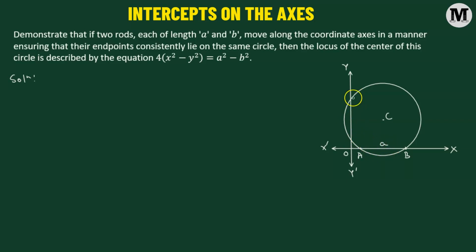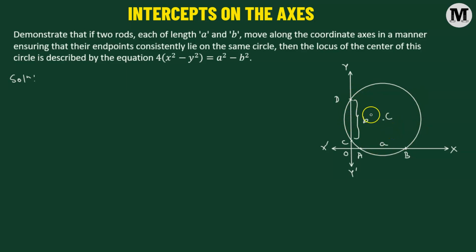Then the circle also intersects the y-axis at 2 points. Let's say it intersects the y-axis at 2 points C and D, such that CD is going to be another rod with a length of B units. Now clearly we can observe that for both rods, the endpoints are lying on the same circle.